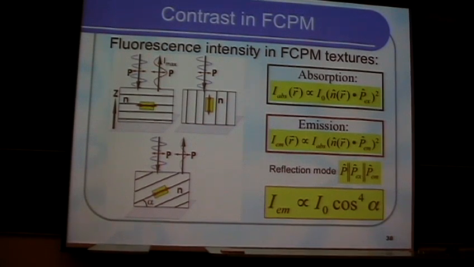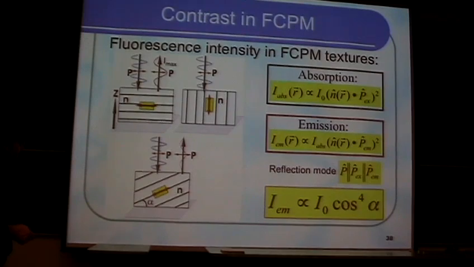This is because the fluorescent signal is a result of absorption and emission processes, both of which are proportional to the dot product of the liquid crystal director and polarization orientation, and therefore the emitted fluorescent light is proportional to the cosine to the fourth power of the angle between the polarization direction and the liquid crystal director.